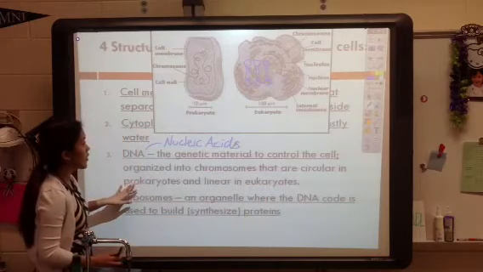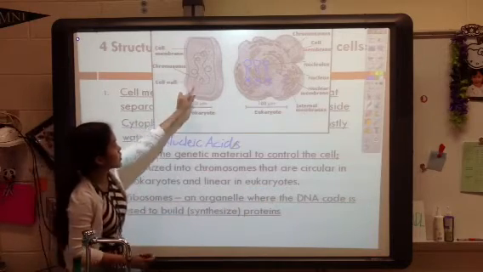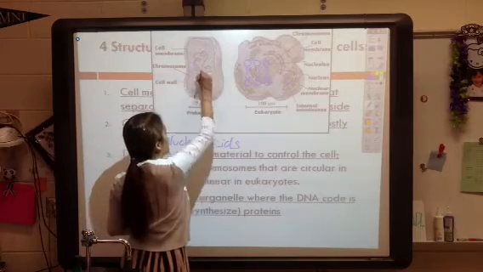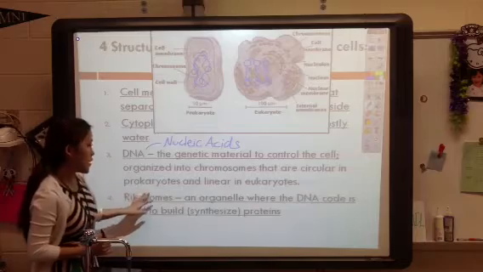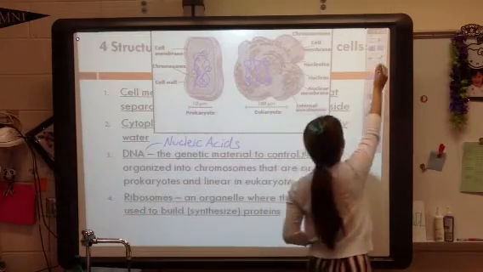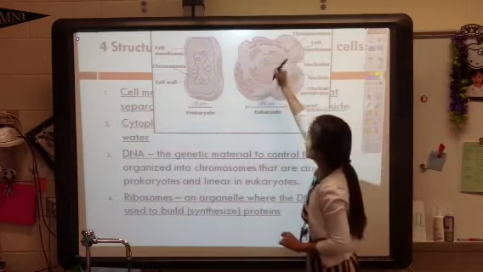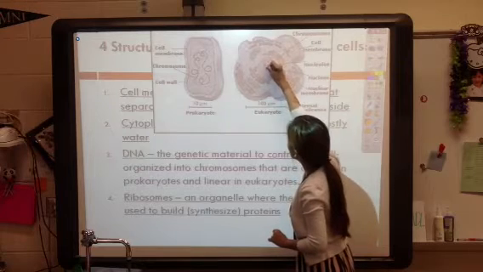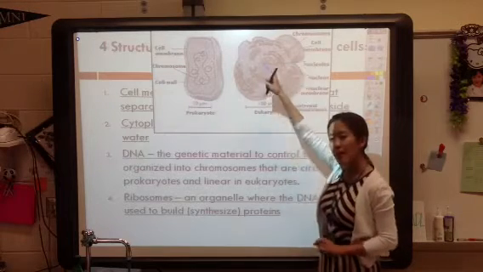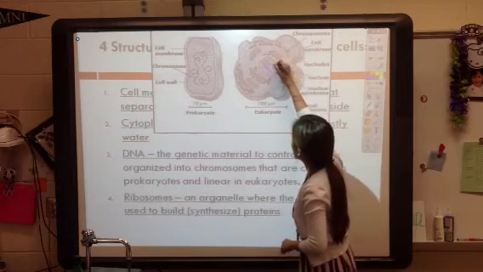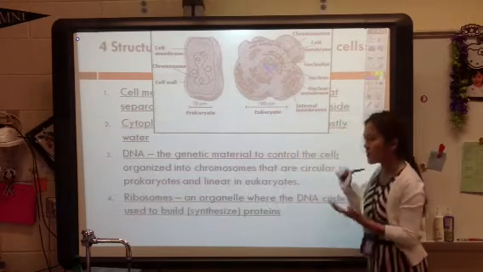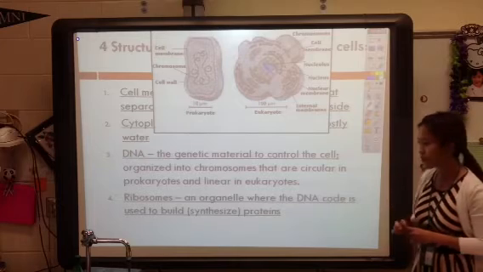So in a prokaryotic cell, if you notice in this picture, the DNA is like a little squiggle inside of it, a little loop. But then when you look at the eukaryotic cell, the DNA inside here will actually be a little more straight, okay? It might look like that double helix that we've seen before, or it might look like a little X for a chromosome, and we'll talk about that more later on as well.